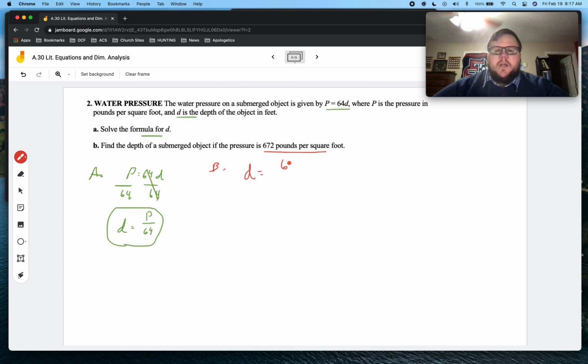equals 672 pounds per feet squared divided by 64.